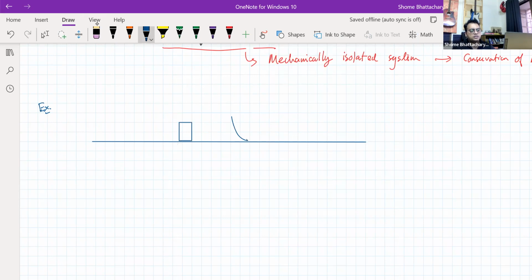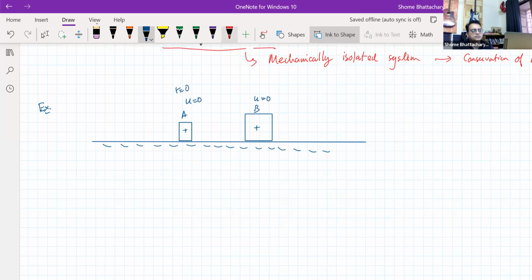Here, let me take it as if they've been given like charge, so both are positively charged. They are placed on a smooth horizontal surface, and at t equal to 0, they are both at rest.